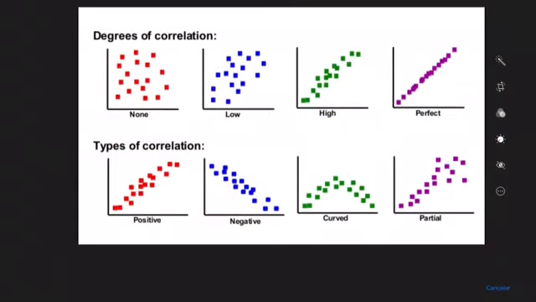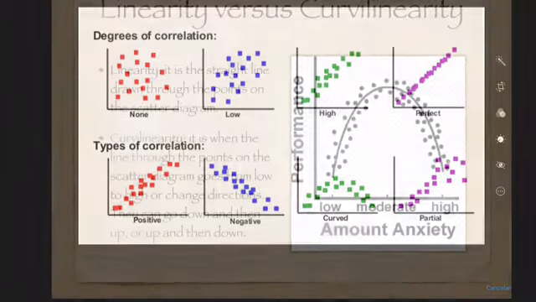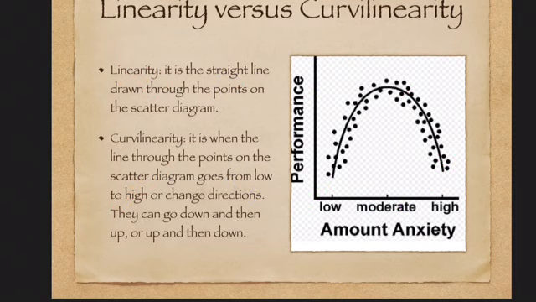In this picture, you can see examples about degrees of correlation and types of correlation. In types of correlation, you will see positive, negative, curved, and partial correlation. It's important to mention this kind of characteristic of correlational research when we talk about linearity or curvilinearity.